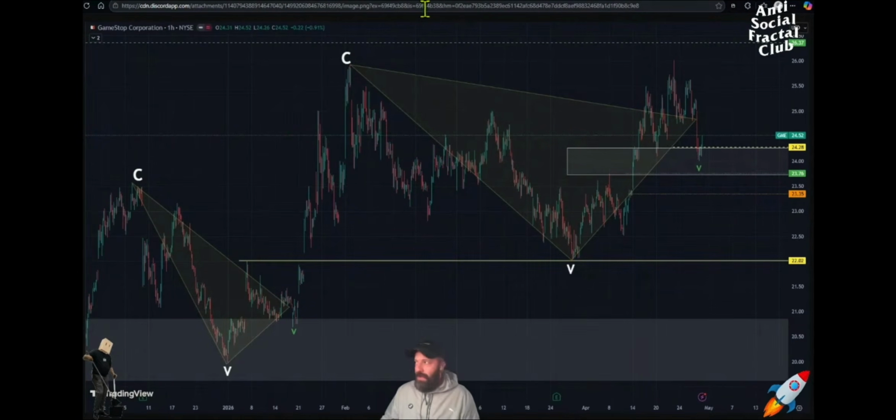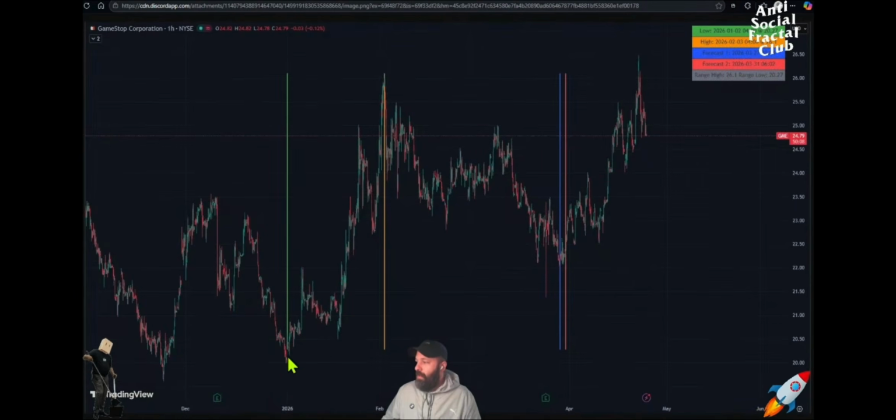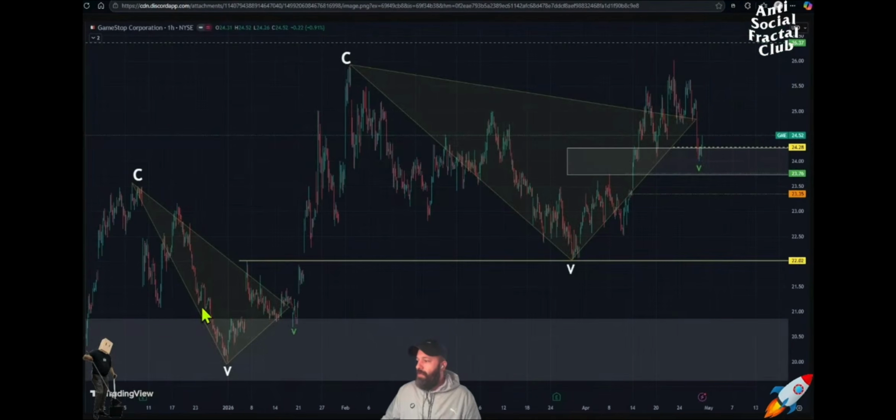Now, this is another way of utilizing the tool. Instead of using a low point to high point, you can also use it high point to low point. So what this is showing is that from the high point to low V of 2026, it forecasted your higher low of this iteration.